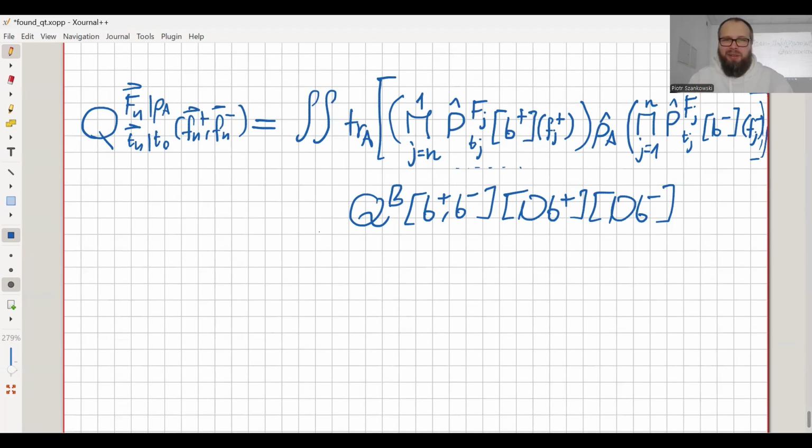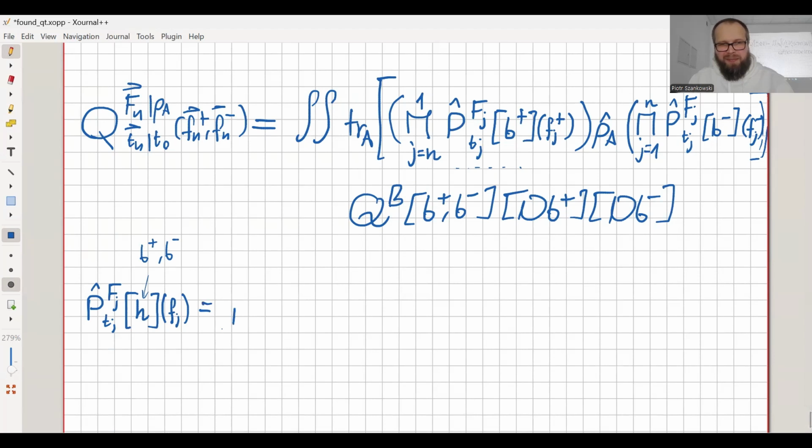And those projectors here are B trajectory dependent projectors. So it's a functional. It is a functional. This would be either B plus or B minus, depending on which side of this formula we are.